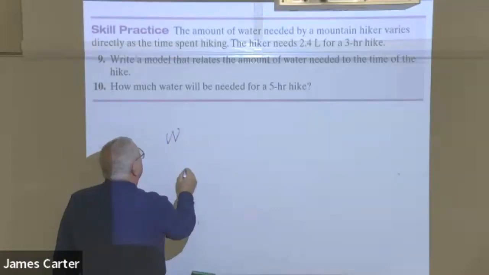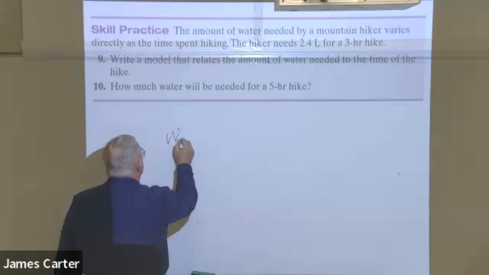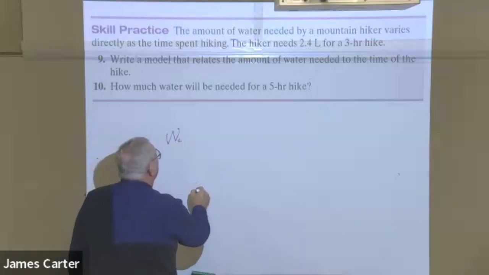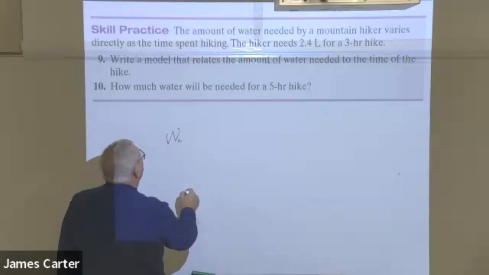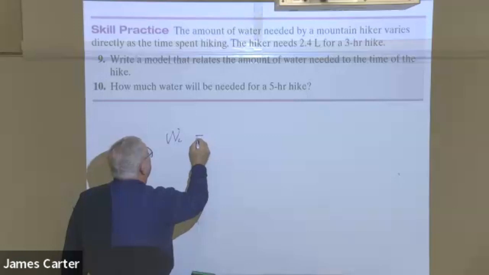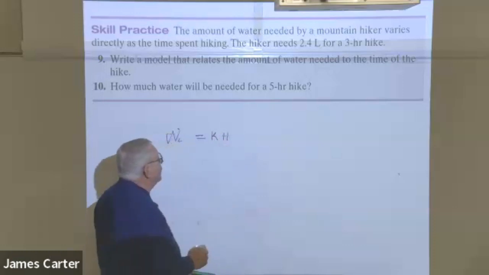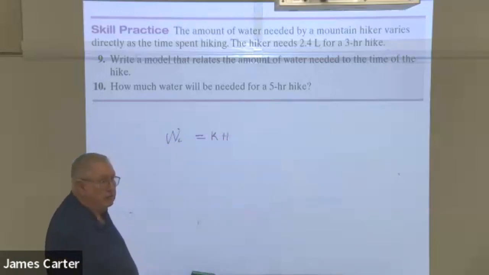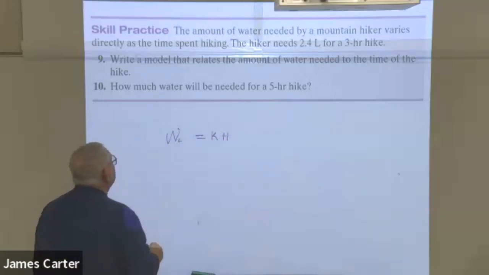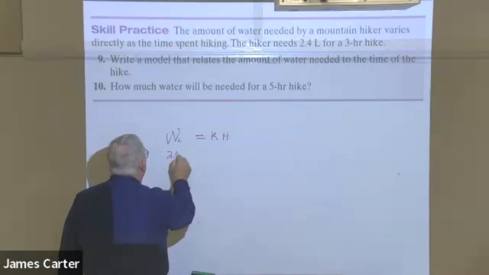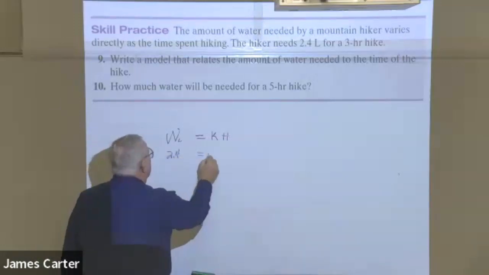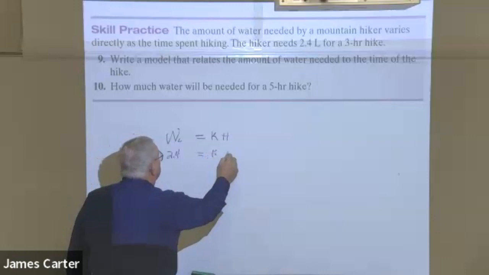The amount of water needed, and this is in liters, equals K times the number of hours. So 2.4 equals K times 3.